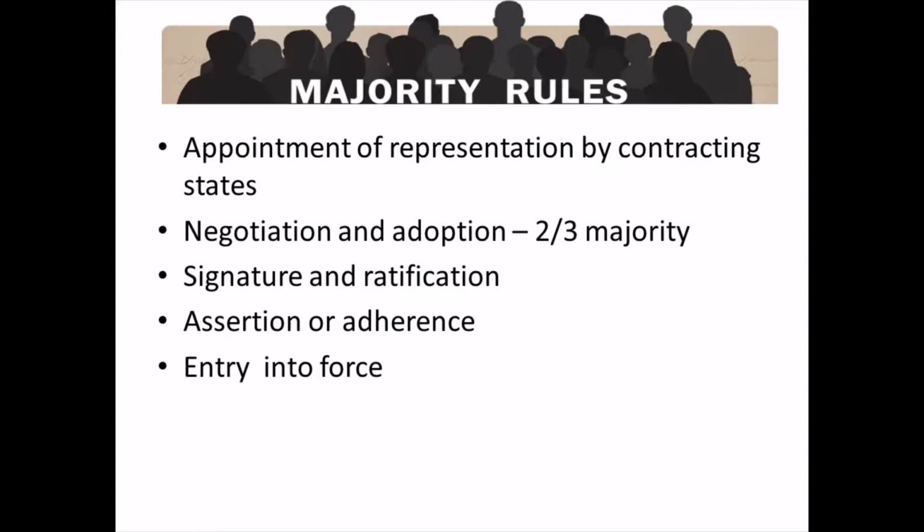Okay, so the ratification clause can be seen in the Indian Constitution under Article 253. If you get a chance, just go through the Constitution and read Article 253 to get clarity on how these ratifications take place. The last one is registration and publication. Okay, so these are the major steps through which treaties are formed.